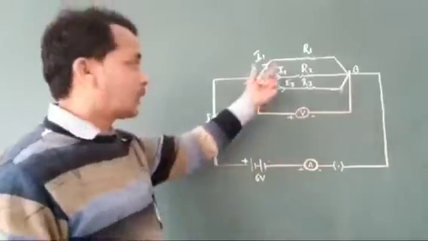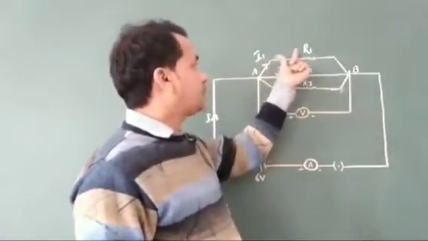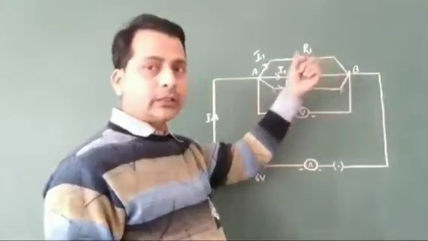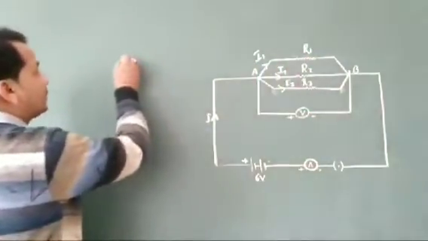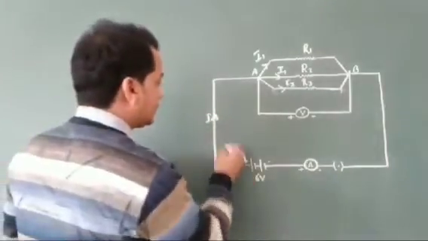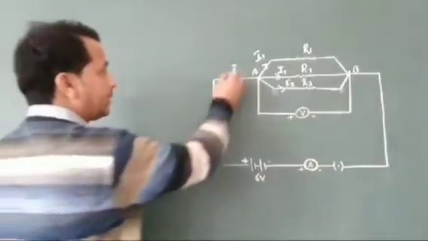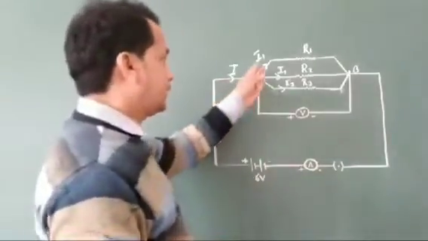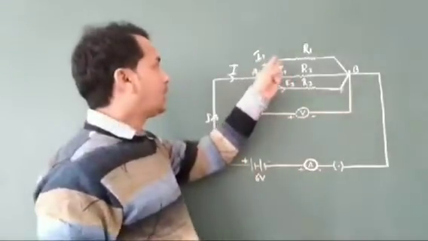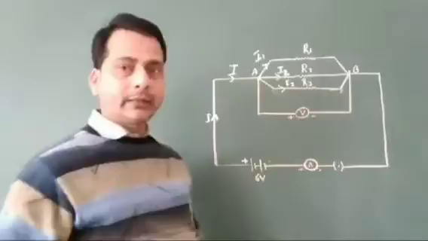So according to Ohm's law, the current I1 flows through resistor R1. The net current, that is I, or total current, is divided into I1, I2 and I3.